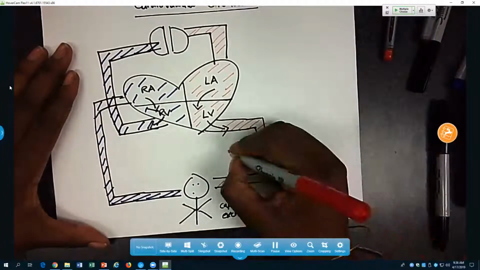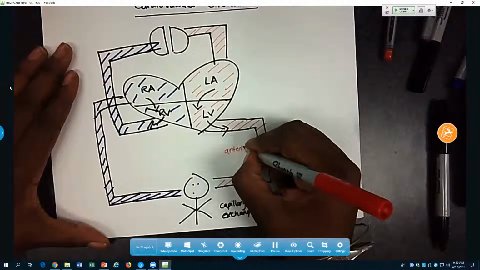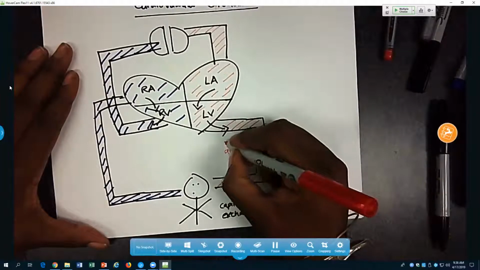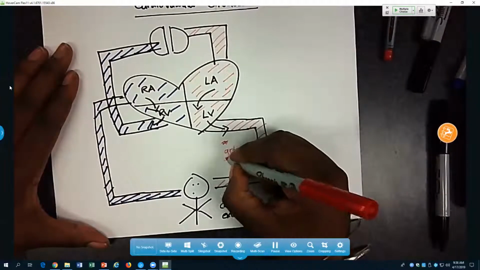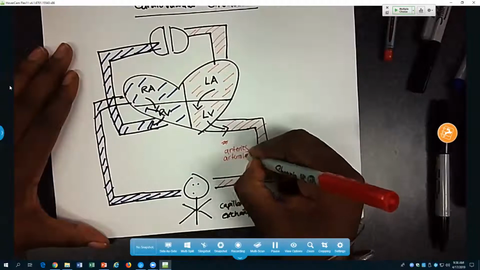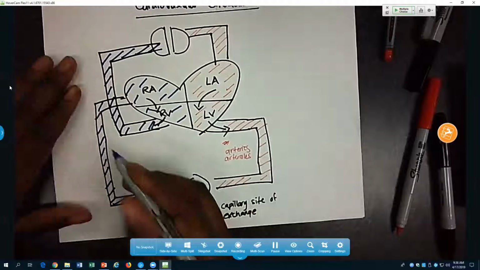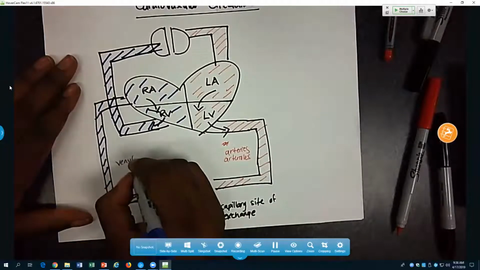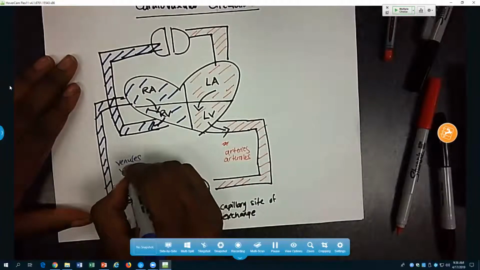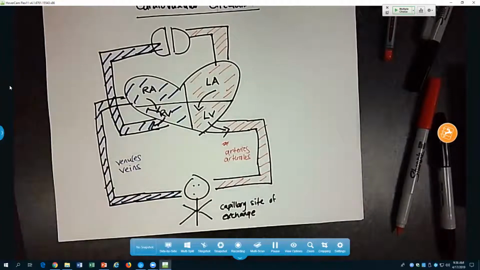So on this side we have arteries, arterioles, whereas on this side we have our venules and veins.